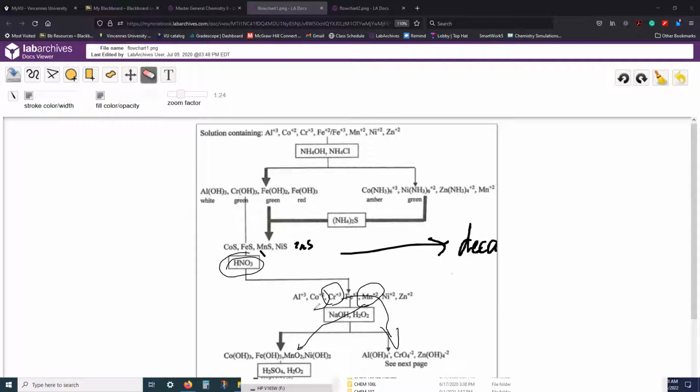It's going to turn the cobalt into cobalt 3. And it's going to make sure that all of the iron turns into iron 3 plus. So we hit it with hydroxide. The hydroxide forces either the complexing, in the case of aluminum and zinc, or the formation of the chromate ion.